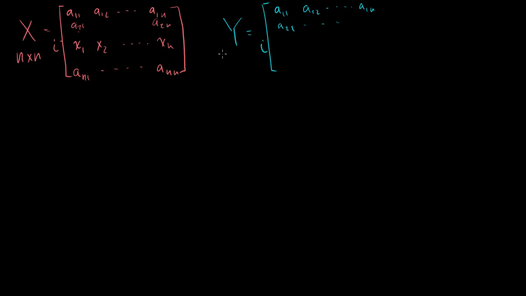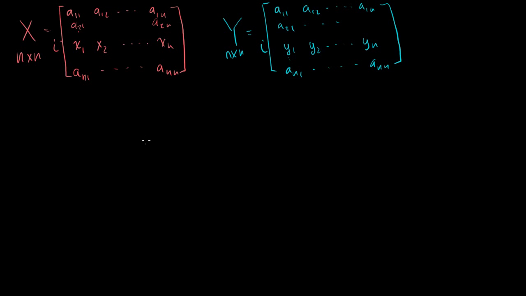This is n by n. This is the same n by n. If this was 10 by 10, this is 10 by 10. If this is row 7, then this is row 7. It has different terms. It's identical to matrix X except for row I. In row I, it is y1, y2, all the way to yn. And then if you keep going down, of course, you have An1 all the way to Ann.